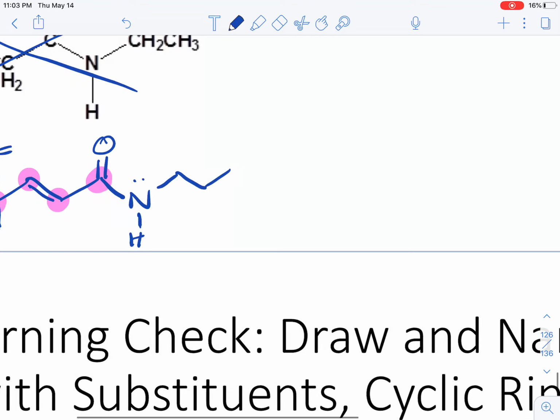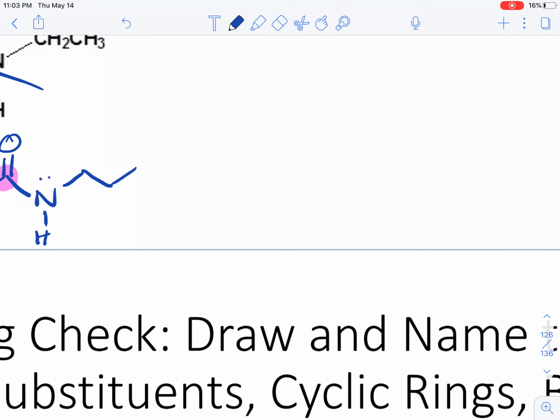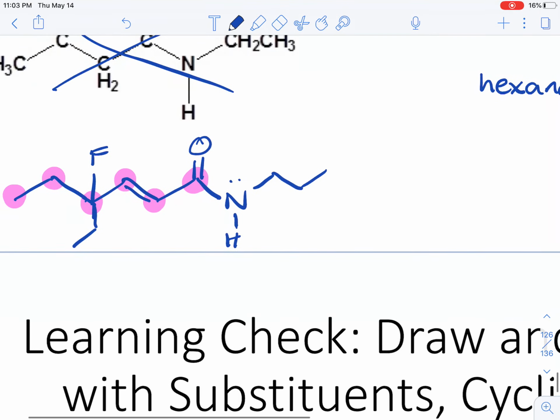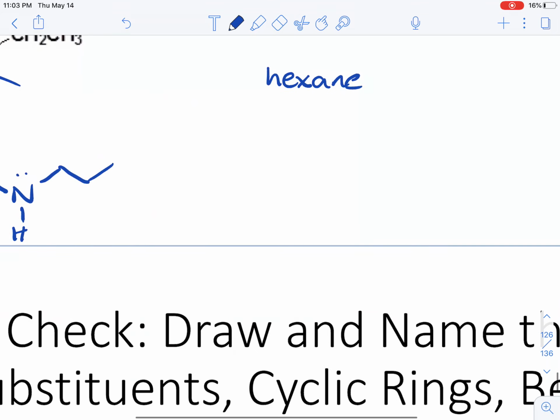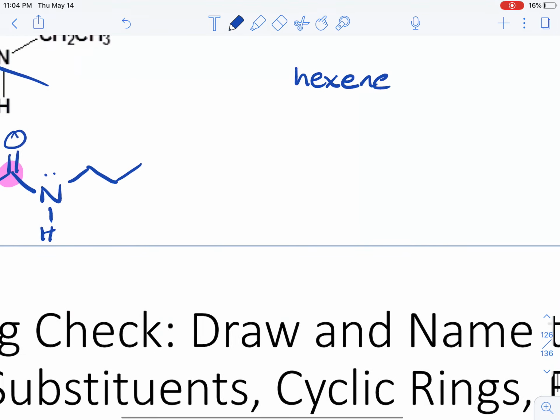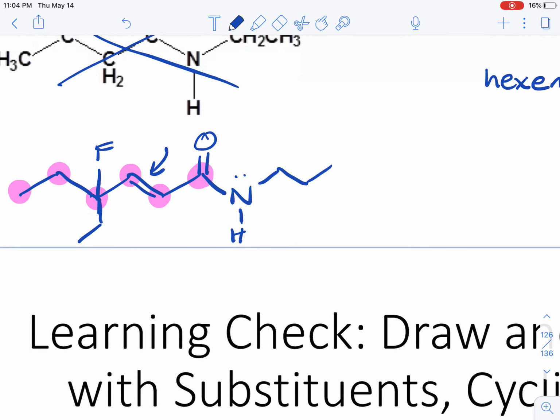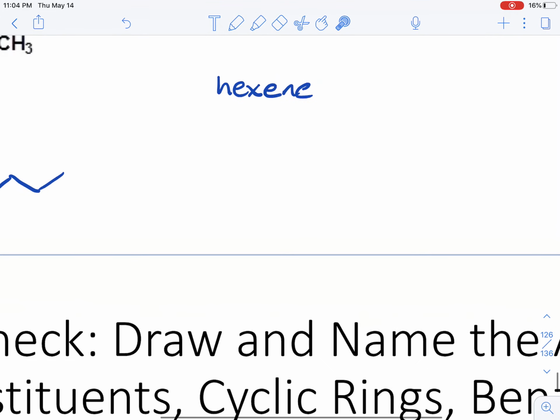And so since I have a 6-carbon parent chain, this is going to be hex. So I'm going to say hexane for now. Oh, but look, there's a double bond. And so it can't be hexane. It has to be hexene. And let me see here. Oh, look, there's an amide. And so it's not hexene. It's hexanamide.